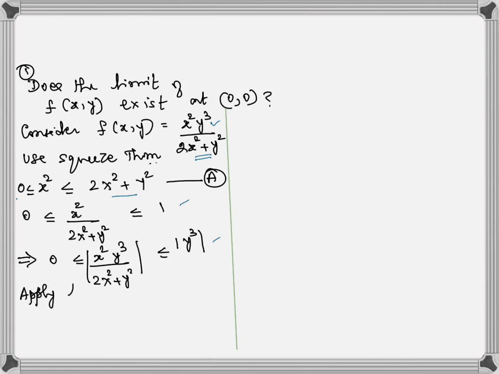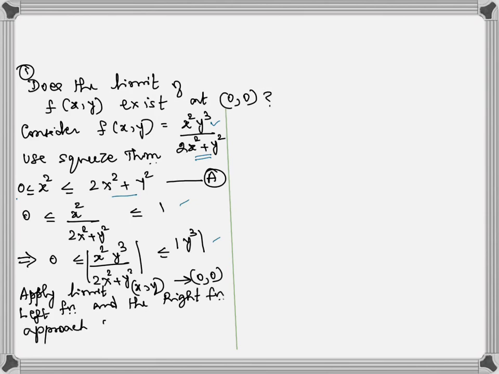And then now we will apply the limit as (x, y) approaches (0, 0). So the left function and the right function will approach 0.